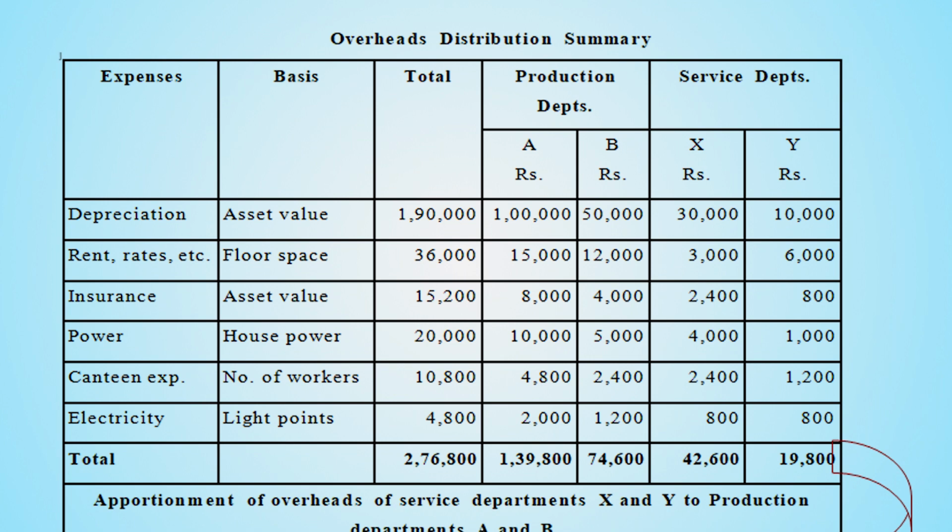Therefore, the total overheads of rupees 2,76,800 is allocated to production department A as rupees 1,39,800, for production department B as rupees 74,600, for service department X as rupees 42,600 and service department Y it is rupees 19,800. So, this is primary distribution of overheads to production and service department.